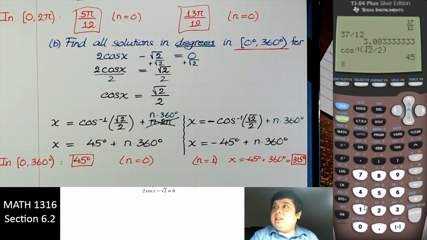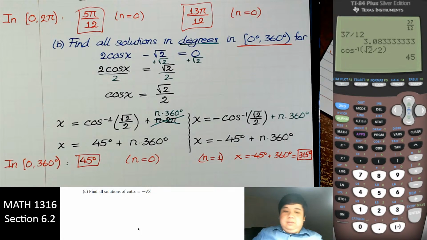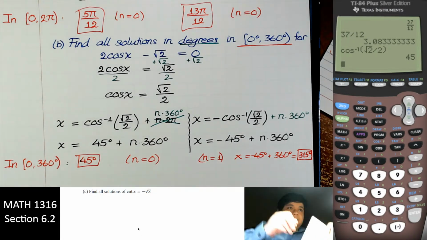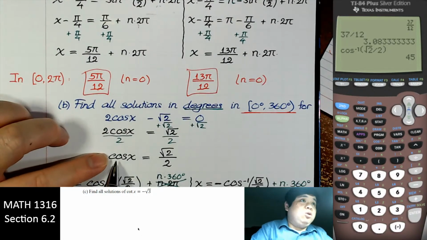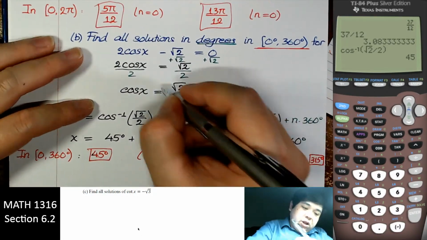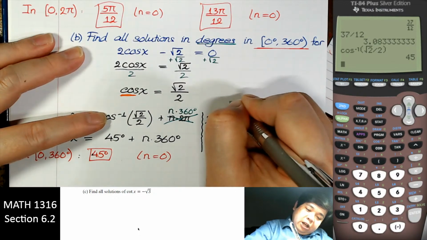So we have that. And once again, what we did is isolate the trig function, and then for cosine the period is opposite.